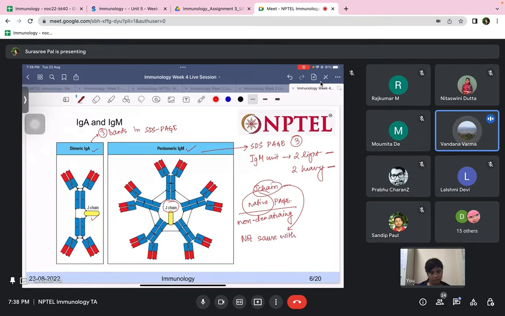J in VDJ is also joining. Since this polypeptide chain is also joining these units of the antibodies, it is also called J chain, but it is not the same as the J of VDJ. It's not coded by the J segment of the variable region, so it is separate.